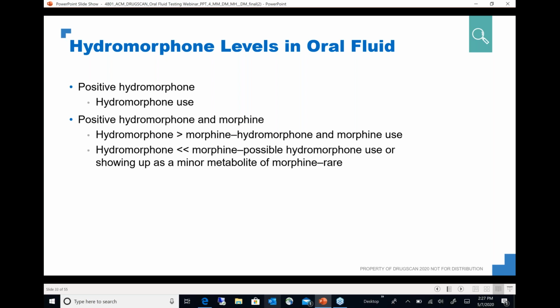Hydromorphone levels much less than morphine, that's possible hydromorphone use, or the hydromorphone may be showing up as a minor metabolite of morphine, but that scenario occurs only very rarely.